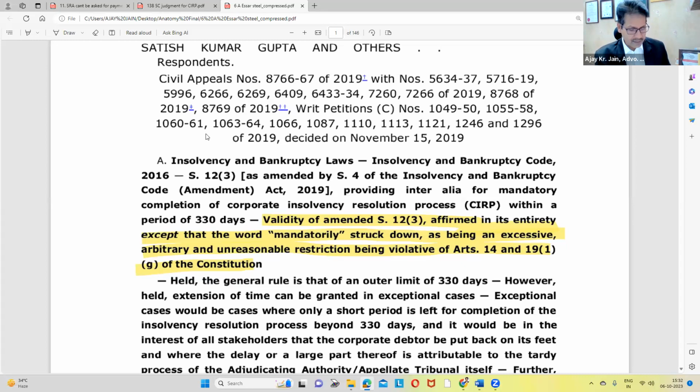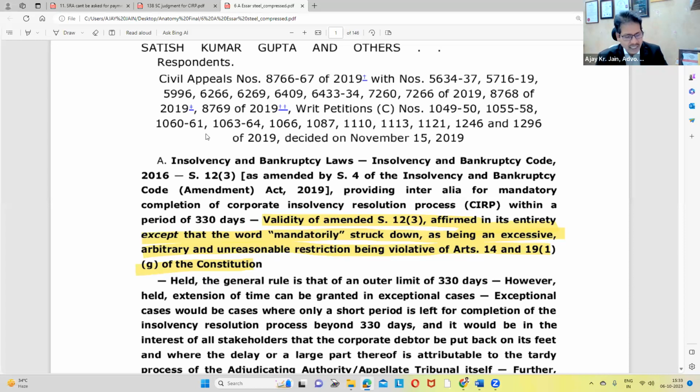On receipt of an application under subsection 2, if the AA is satisfied that the subject matter of the case is such that CIRP cannot be completed within 180 days, it may by order extend the duration of such process beyond 180 days by such further period as it thinks fit, but not exceeding 90 days, provided that any extension of the period of CIRP under this section shall not be granted more than once, provided further that the CIRP shall mandatorily be completed within a period of 330 days.